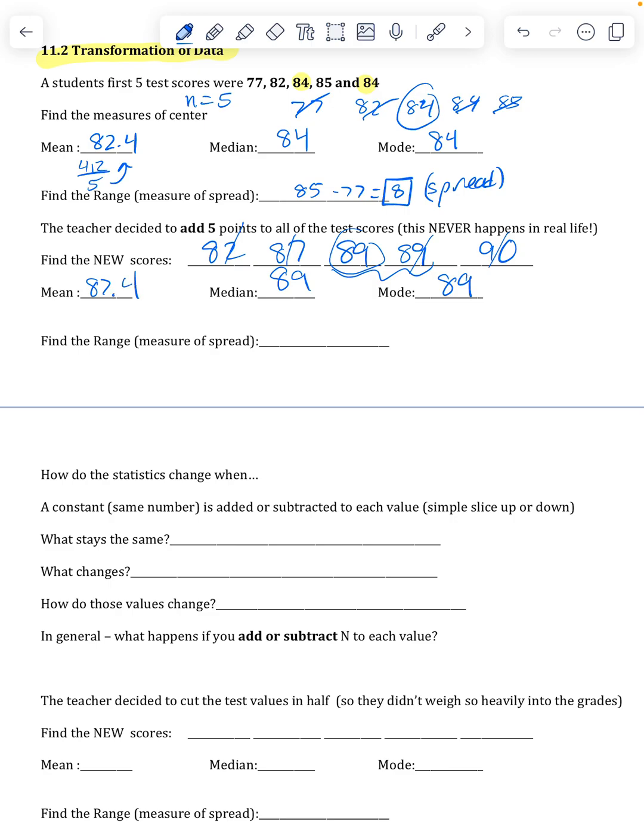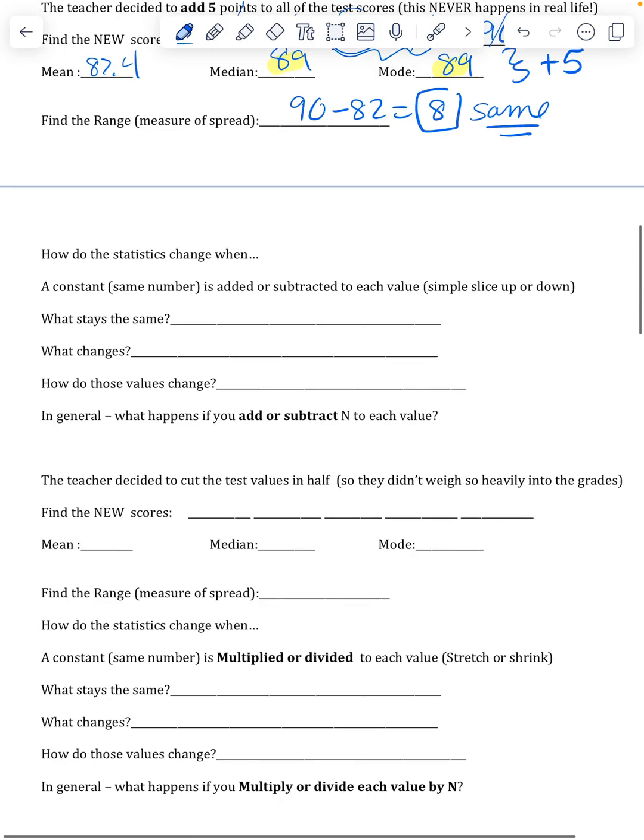So if you look at your mean, median, and mode compared to the old ones, 87.4 versus 82.4, 89 versus 84, 89 versus 84. Each of these measures of center went up by 5, which is the number I added to the data. When I go to do my range, my new max minus my new min is still 8. So that's the same as before.